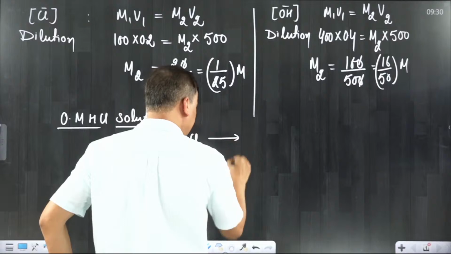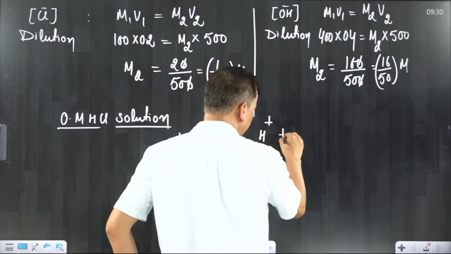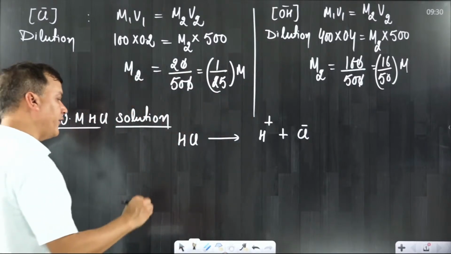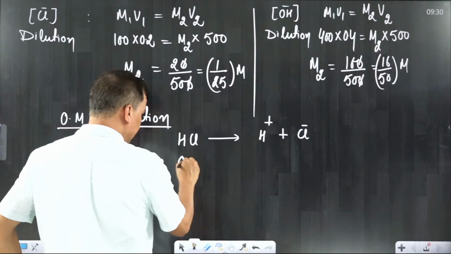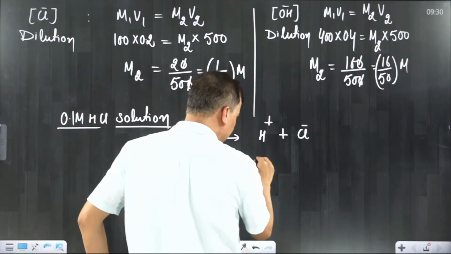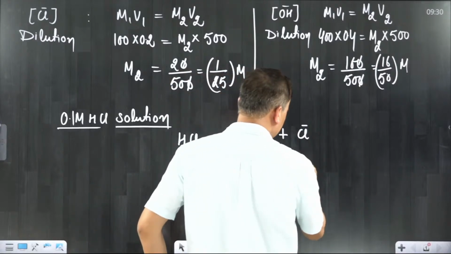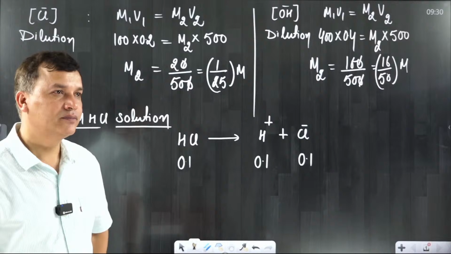When this HCl is dissolved in water, it gives H positive plus Cl negative. What is the molar concentration of H positive here? HCl is 0.1 molar. What will be molar concentration of H positive? 0.1, and here is 0.1. Are you understanding or not?